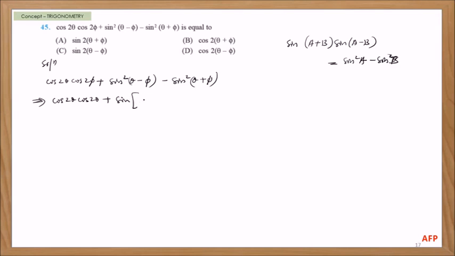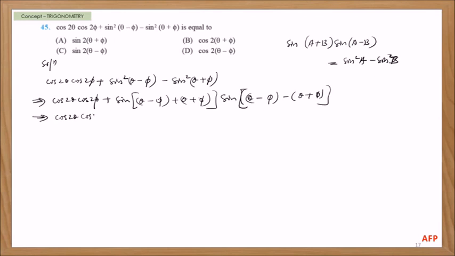Sin(theta minus psi) plus sin(theta plus psi), you write, sin(theta minus psi) minus sin(theta plus psi). Plus, so if you go for cancellation, 2 theta you are getting here, minus sign, so minus 2 psi.